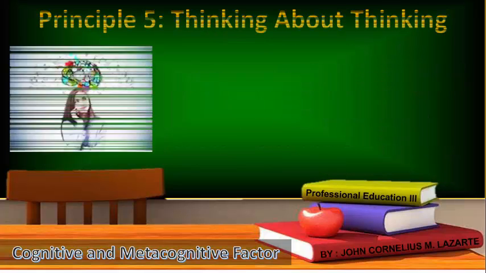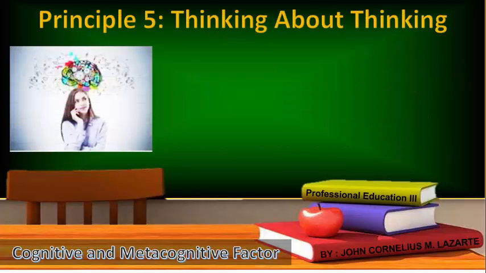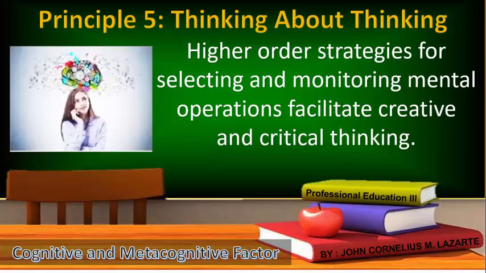The next is Principle 5, thinking about thinking, or in other words, we call it metacognition. It says that higher order strategies for selecting and monitoring mental operations facilitate creative and critical thinking.